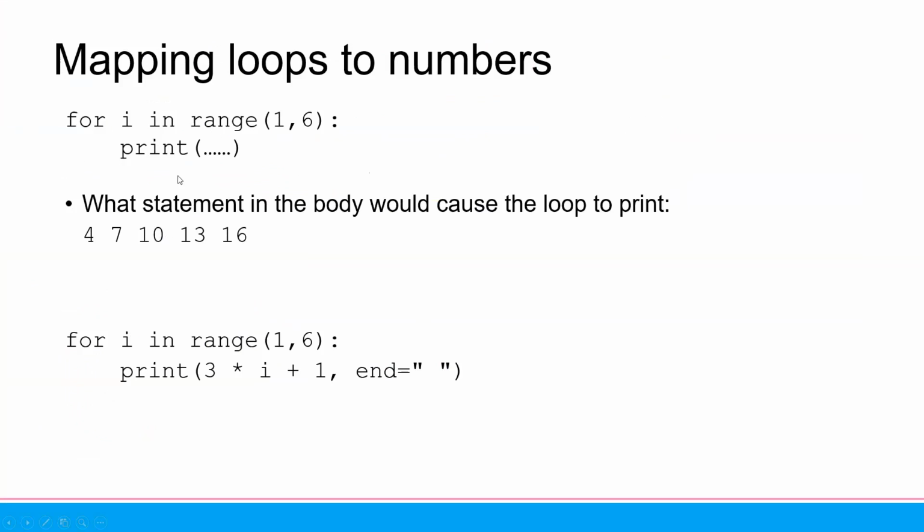Now it's more complex. You already know about the for loop. So for i in range 1, 6, and then you can print any numbers here. Now let's say I want to print the numbers 7, 10, 13, 16.